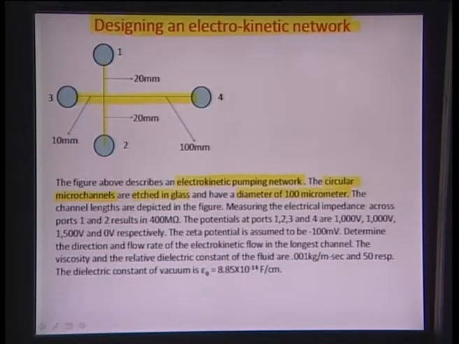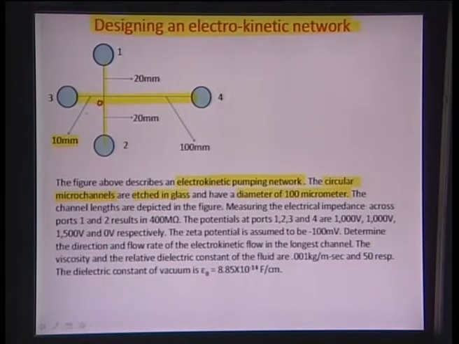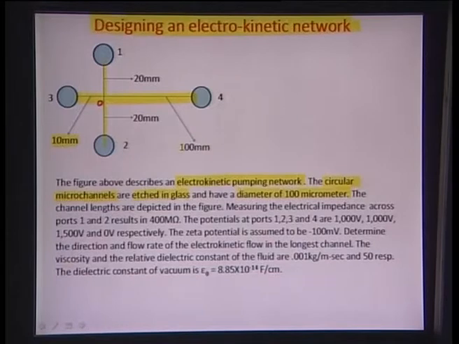and the channel lengths are depicted in the figure. So, the length here is 10 mm between, let us say, 3 and a point of intersection, let us say 0. Okay. So, between 3 and 0 the length of the channel is 10 mm, between 4 and 0 it is 100 mm, between 1 and 0 and 2 and 0 both are the same, 20 mm each. Okay. So, that is how this pumping network is laid out.